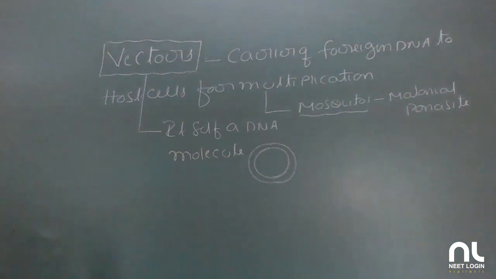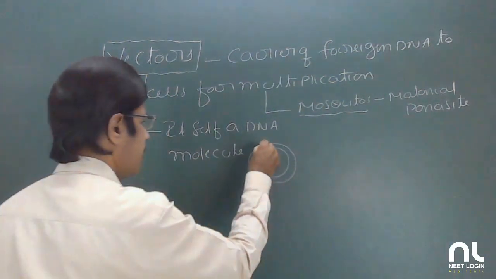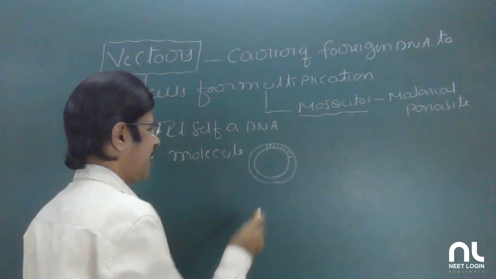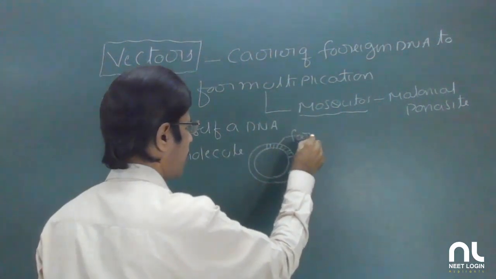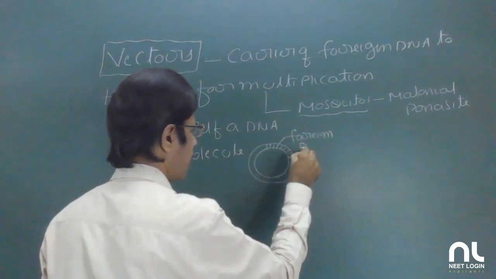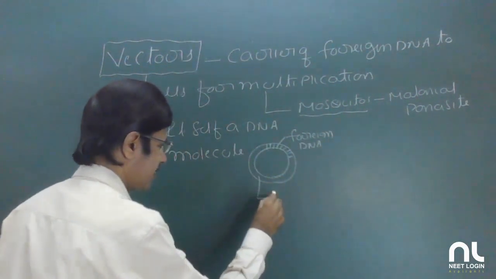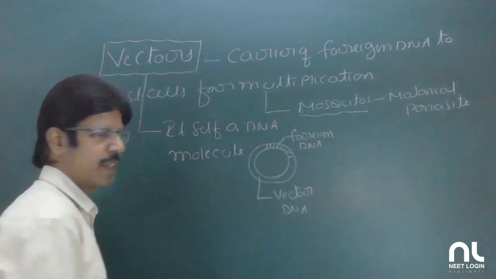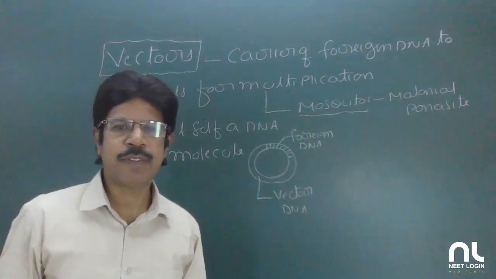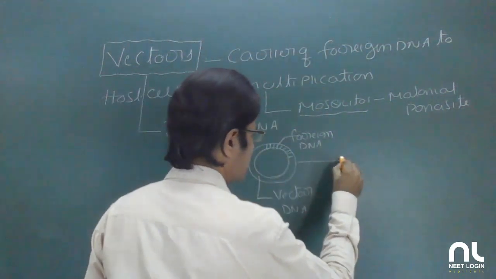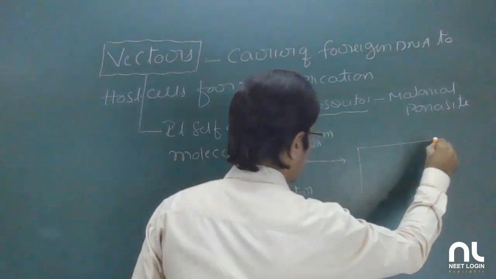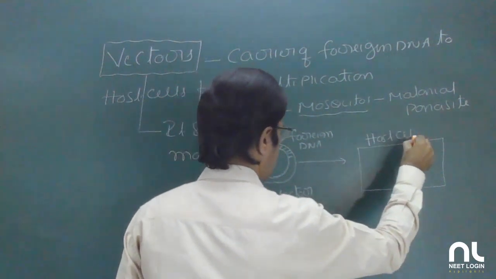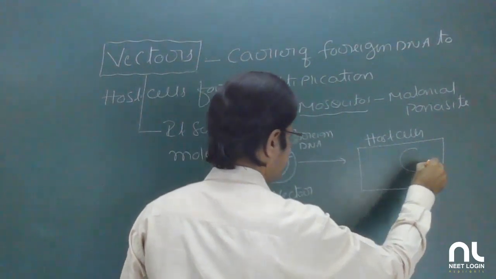And in this, it got inserted with the foreign DNA. Now it is vector DNA. You have to get multiple copies of the foreign DNA. It should be transferred to host cells.